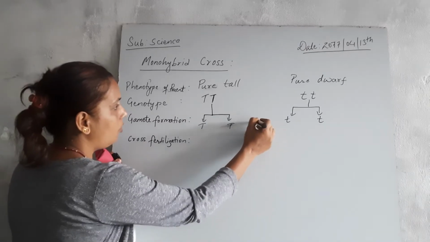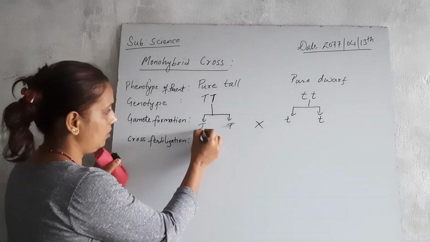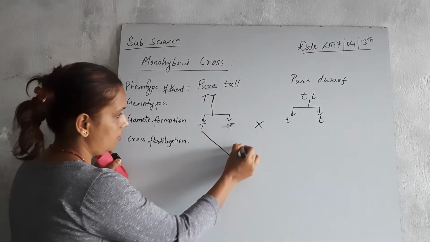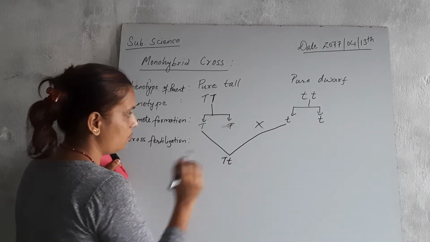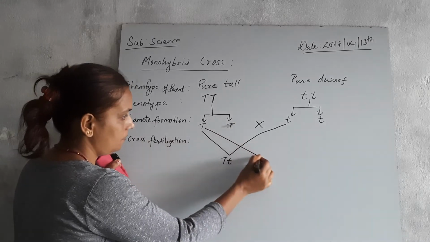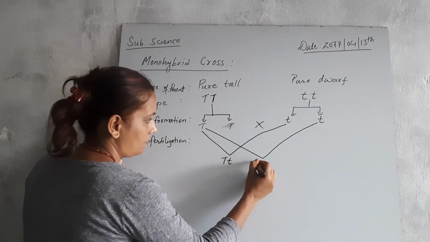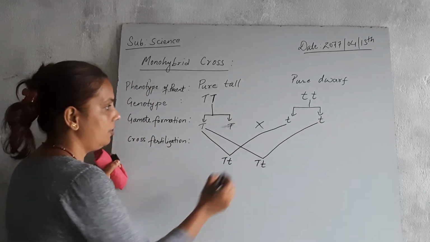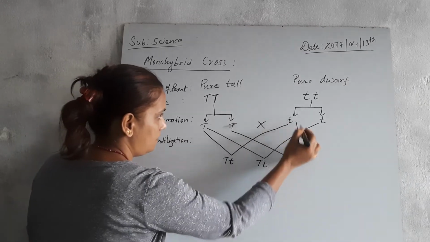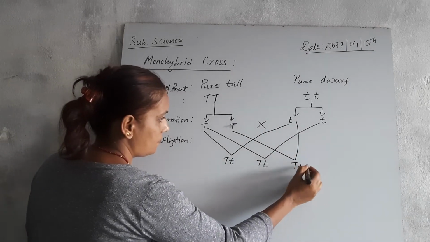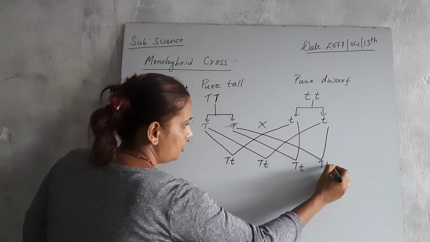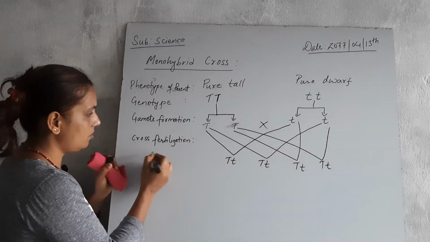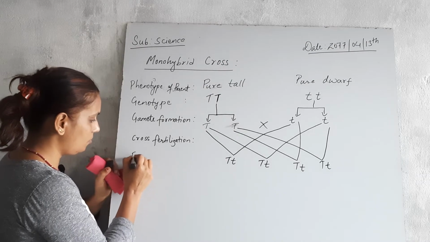So when we perform the cross in this way, we get capital T small t, capital T small t, capital T small t, and capital T small t.